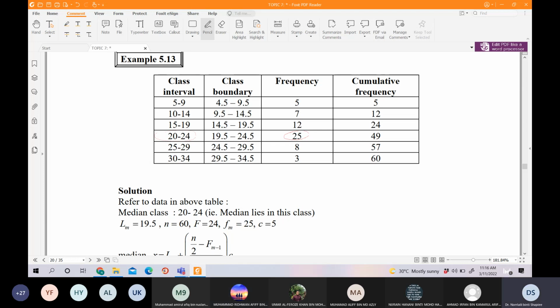Quartile 2. Quartile 2 macam mana nak cari quartile 2? Betul, darab N. Kenapa darab N? Sebelum ni kita belajar.